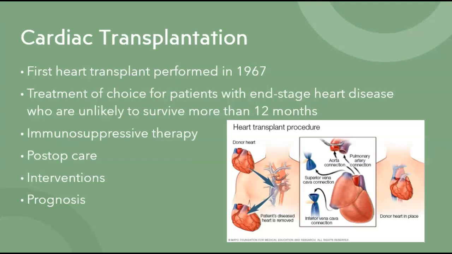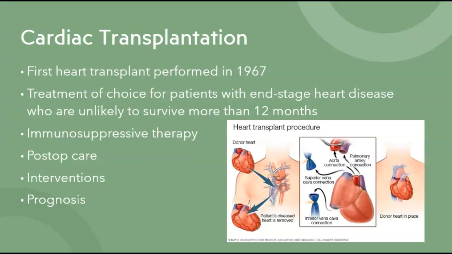Because after you have a heart transplant, it just doesn't stop there. They have lifelong treatment that they have to be on. After being placed on the list, the patient is just going to wait at home and receive ongoing medical care. The wait is often a very long time, and most of your patients are going to die at home while they're waiting for a heart transplant.